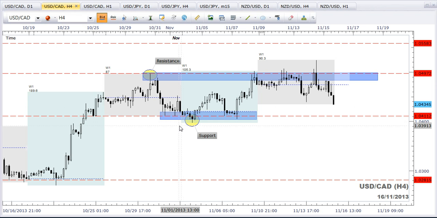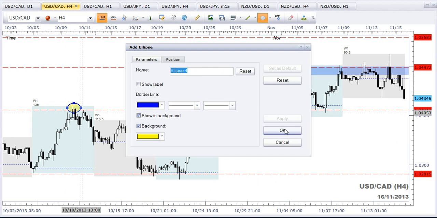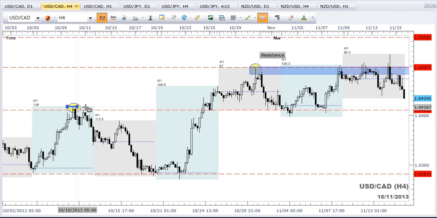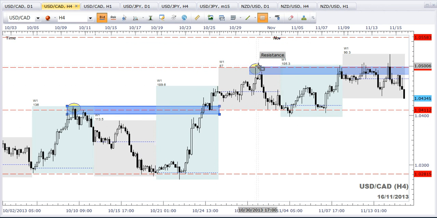And in the area of support, know not to take short trades until it's broken through. So an example of that would be right here. Here's a resistance point, and as price is coming into the resistance point, until it gets broken through, which it did here, I don't take any long trades.